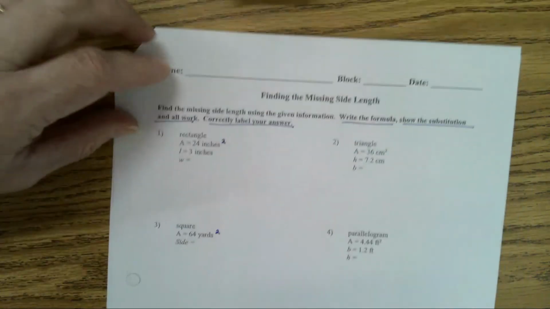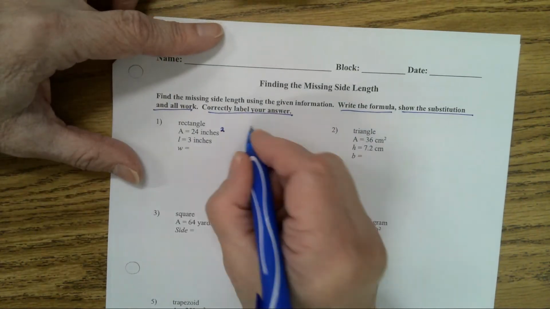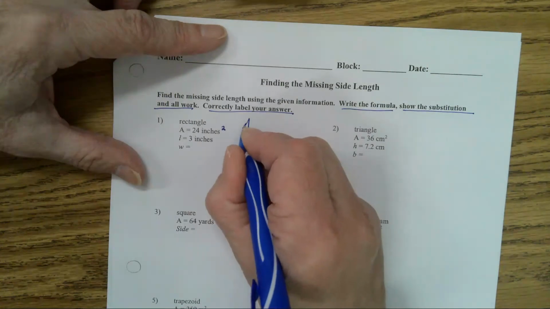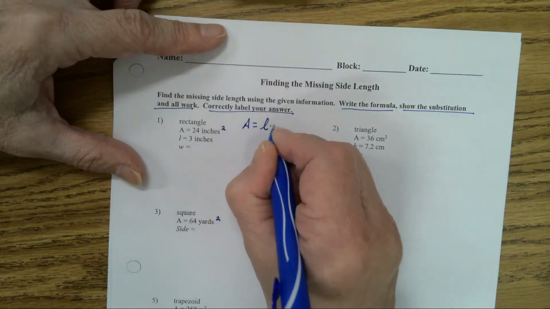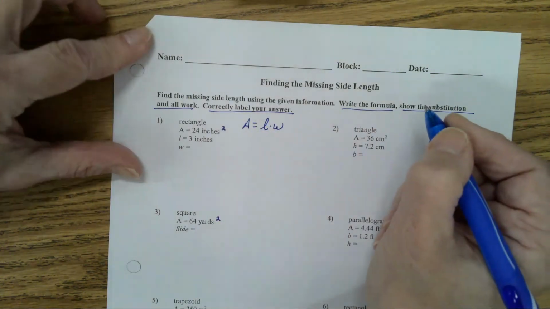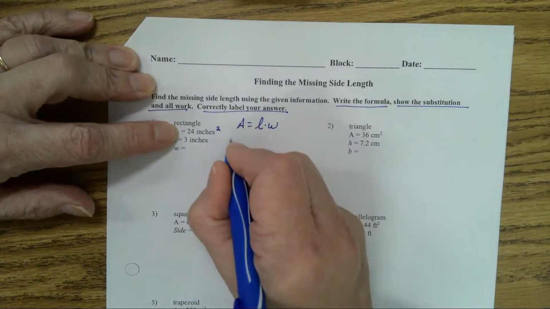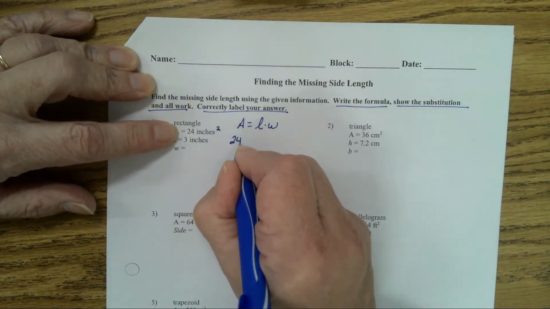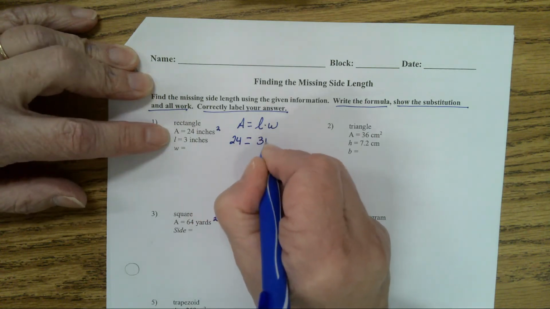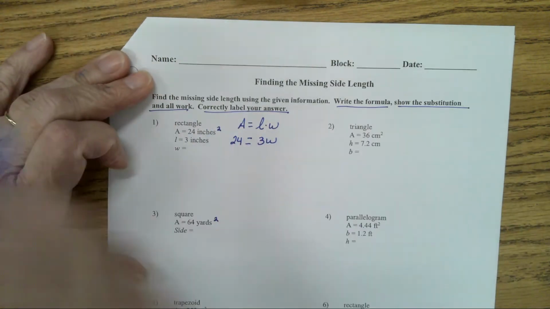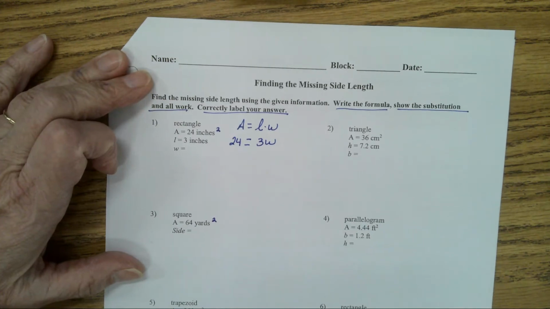Now, our formula for a rectangle: area equals length times width. So you write the formula. That would be worth a point. Your substitution. Replace A with 24 equals 3 times W. Now, we solve our equation.